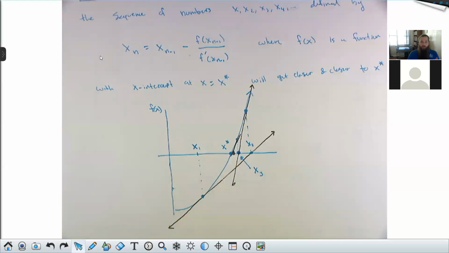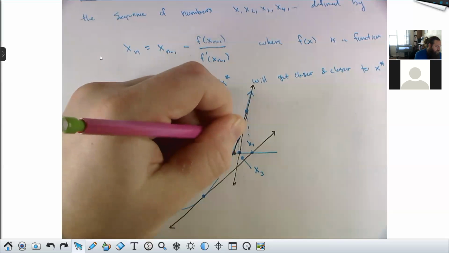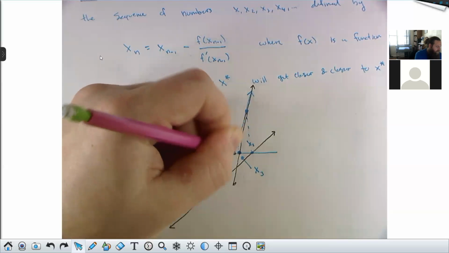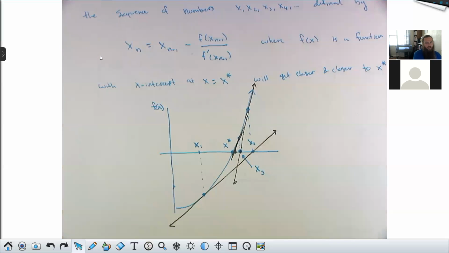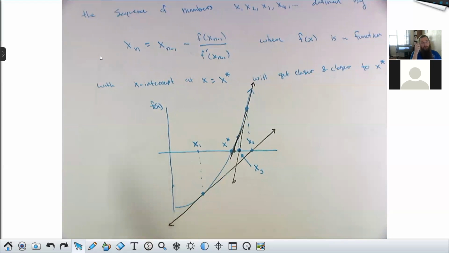So you take your guess, whatever guess you're at, you construct the tangent line to your function there, see where that tangent line hits the x-axis, that's your next guess. So the next guess would be x4, wherever the tangent line to f of x constructed at x3 hits the x-axis. And in this picture, we can't even really make it out from x star.